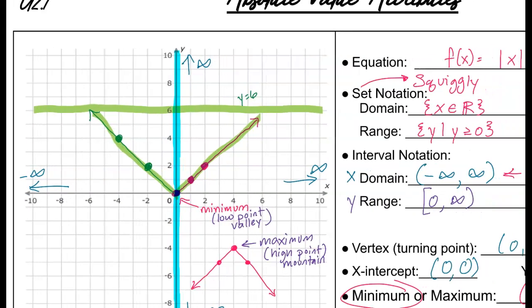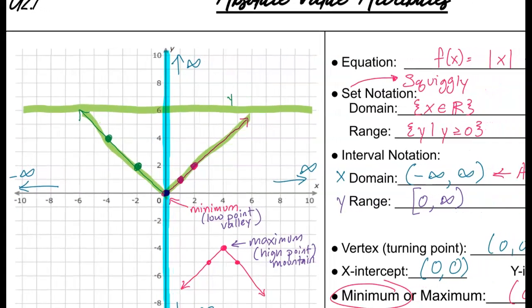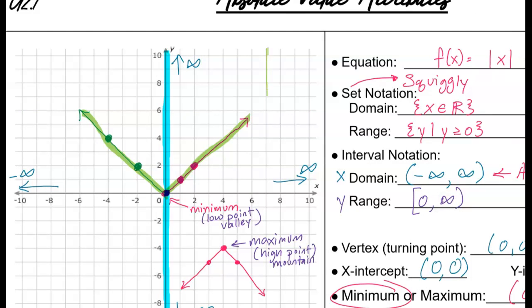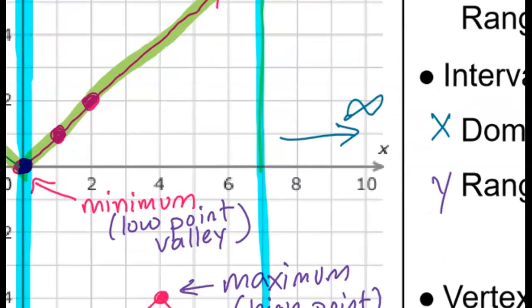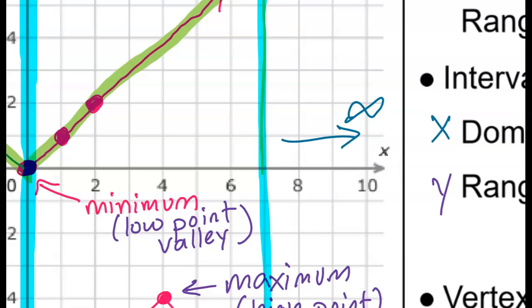Okay, what about this one? This was the last one we'll do. Oh, it's not showing up. Right there. What is the equation for that line? Jose.